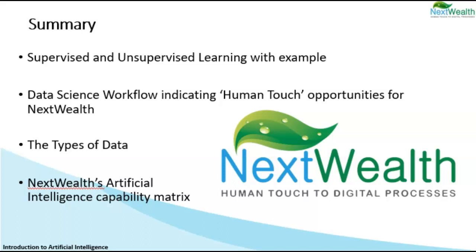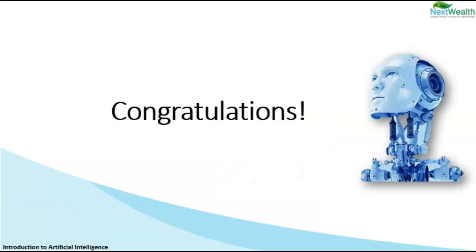We looked at the data science workflow where we understood the 3 human touch opportunities of interest to Next12, such as model training, model validation, and exception handling. Then the 3 types of data, which include computer vision, NLP, semi-structured and structured data. Last but not the least, the 3x3 AI Capability Matrix.